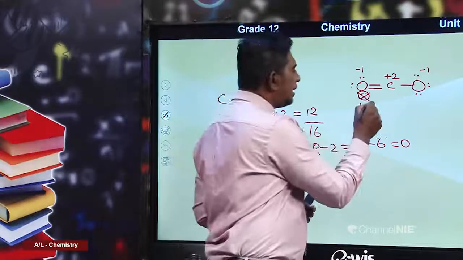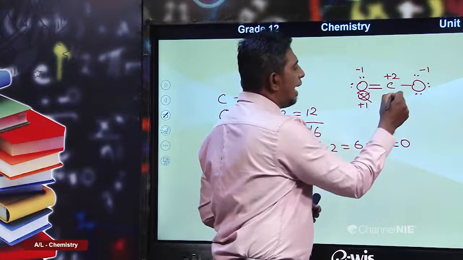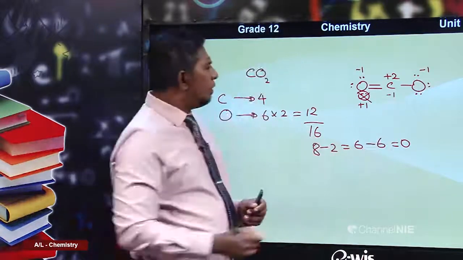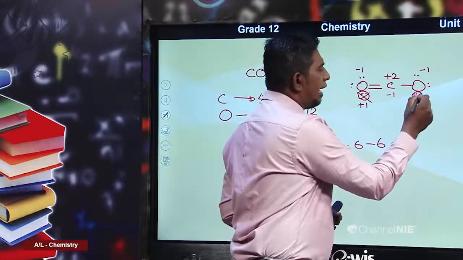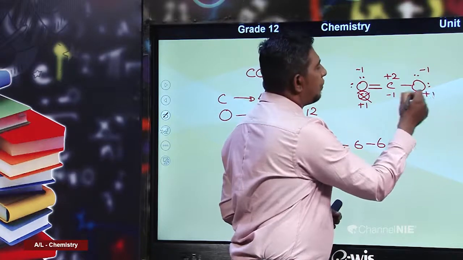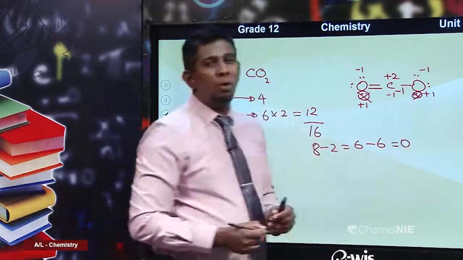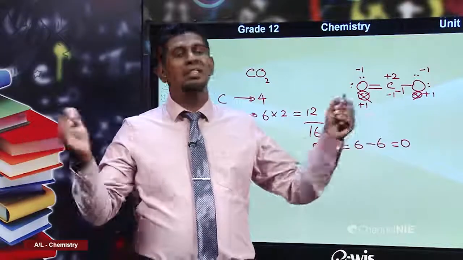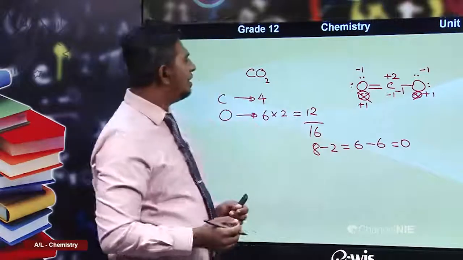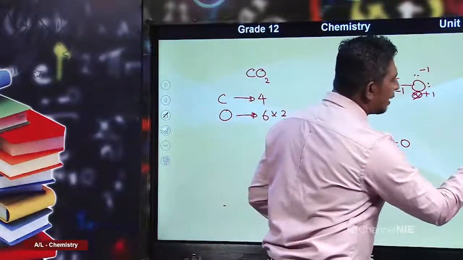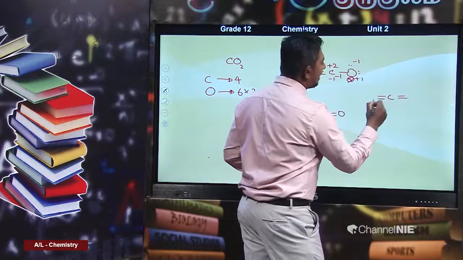The donor would receive a +1 charge and the acceptor a -1. You do the same with this pair. So it's donor +1, acceptor -1. All the charges get cancelled off. Then students, finally what you could end up with is this.